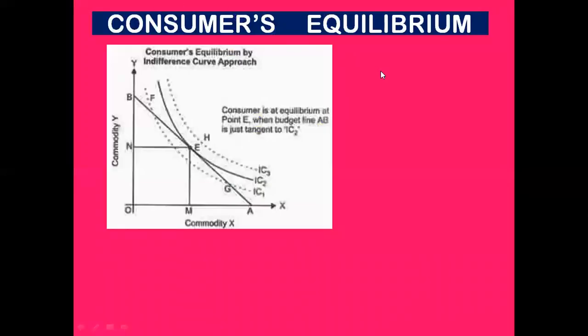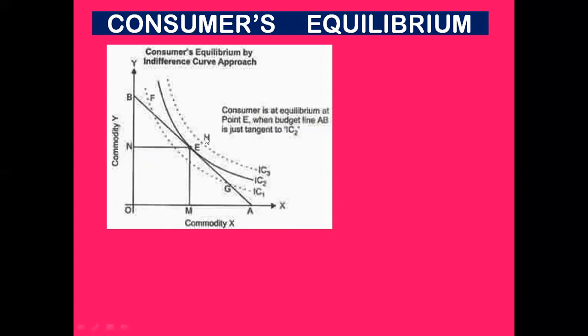Now we come to consumer's equilibrium. So here we have a budget line BA and we have three indifference curves, IC1, IC2, IC3. We measure commodity X on the horizontal axis and commodity Y on the vertical axis. So here we see that the indifference curve is tangent to the budget line at point E, which is consumer's equilibrium, where budget line is tangent to IC2.